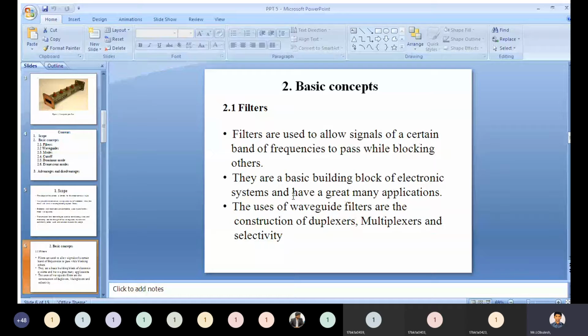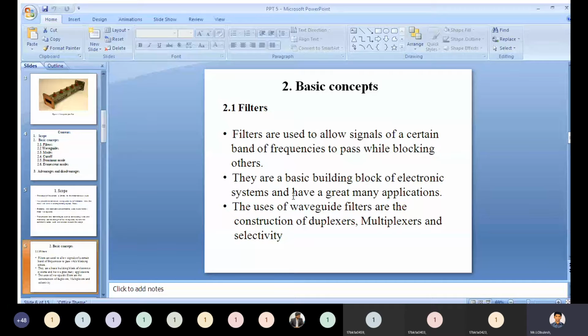In electronics, filters are used to allow signals of certain bands of frequencies to pass while blocking others. It means that you know the basic function of a filter: it allows a certain range of frequencies.